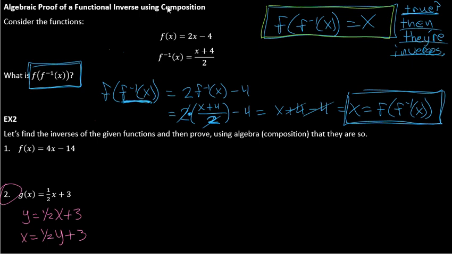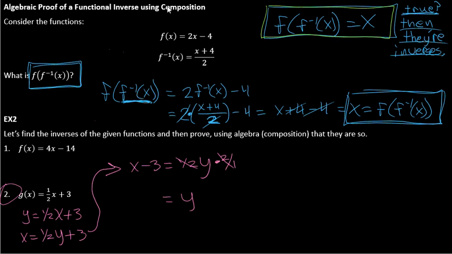Subtract 3 from both sides, so I have x minus 3 equals 1/2 y. The inverse of multiplying by 1 over 2 is multiplying by the reciprocal of 1 over 2, which is multiplying by 2. So those are gone.